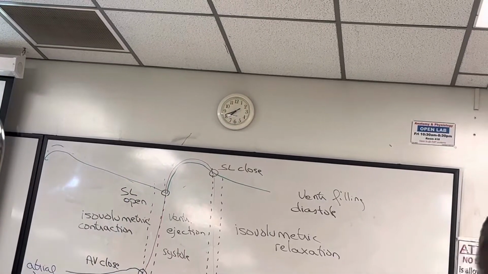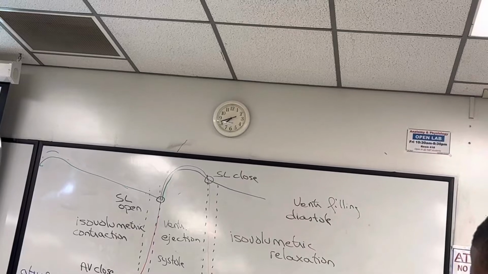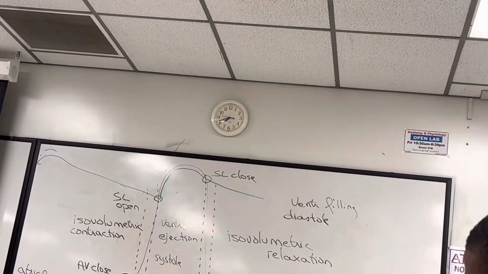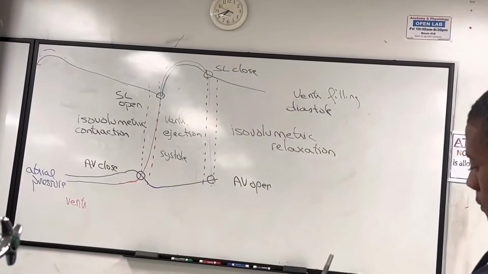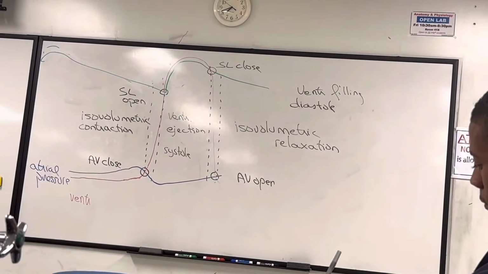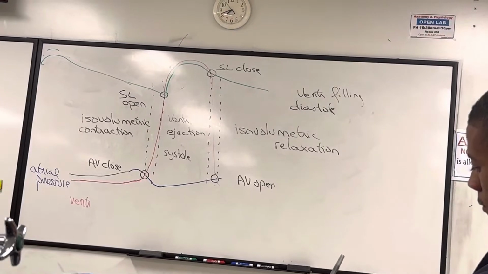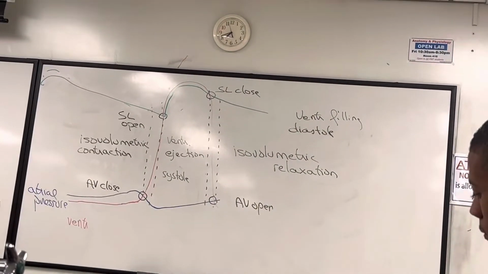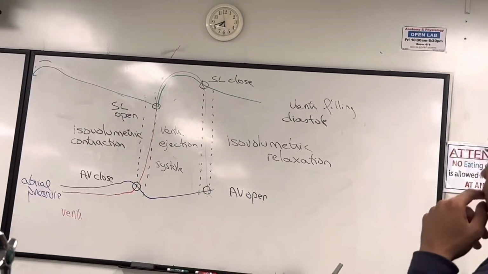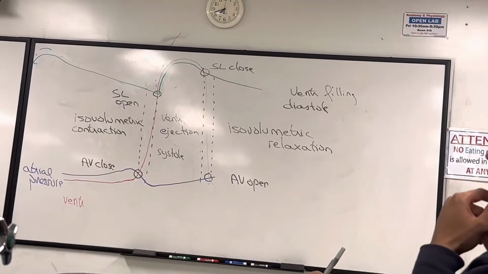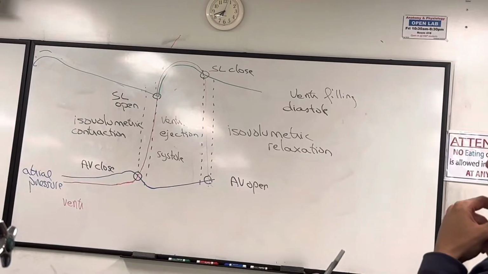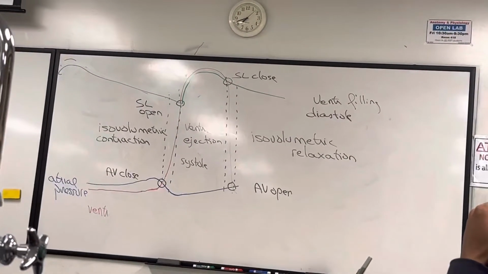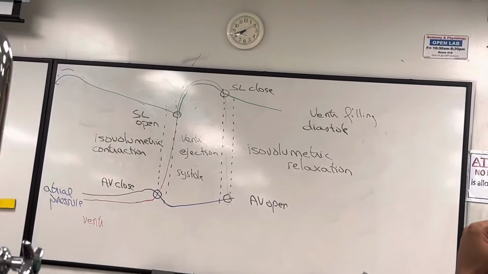So now when we look at pressure relationships, with that in mind, and that image, remember the AV valves open because of pressure and the semilunar valves close because of pressure. So if atrial pressure is greater than ventricular pressure, what are the AV valves doing?